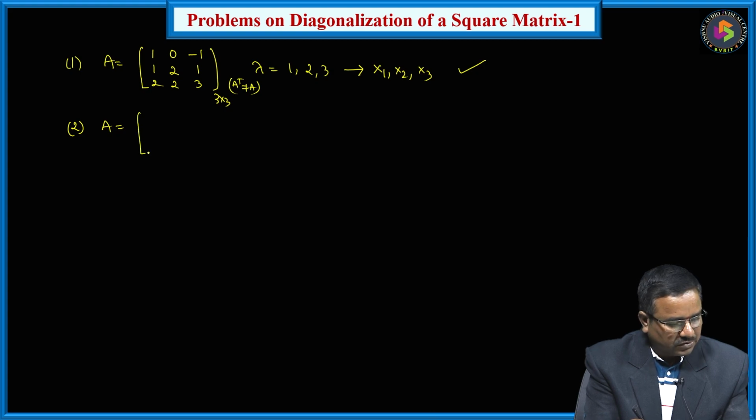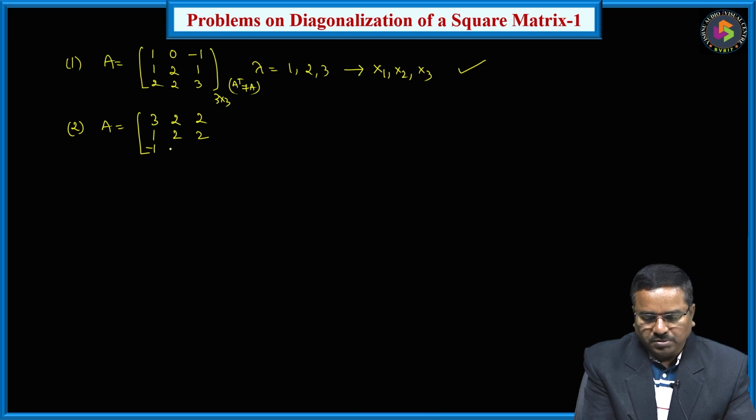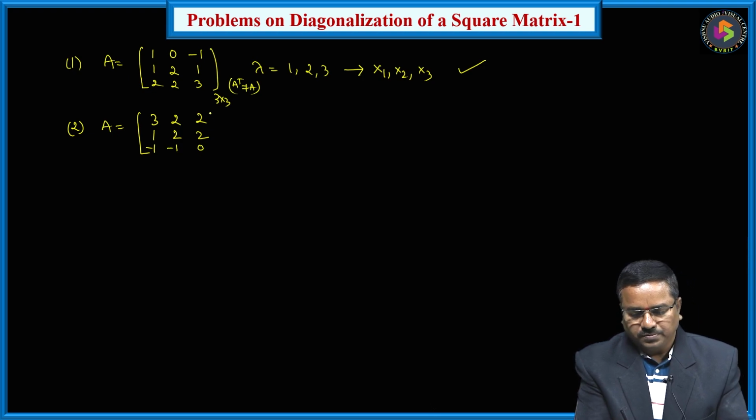The next matrix is [3 2 2; 1 2 2; -1 -1 0]. The second row is 1 2 2. It is also a 3 by 3 matrix.